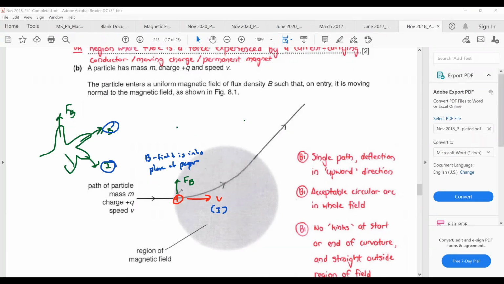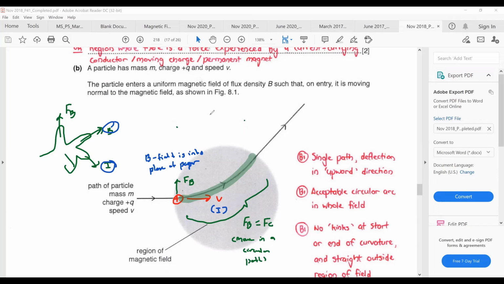So you know your charged particle will move in a circular path like this. Okay. So at this portion here, you have FB equals to FC. You will move in a circular path.